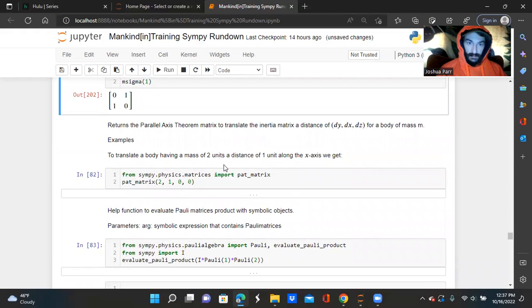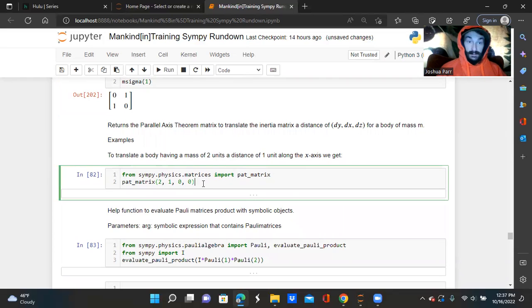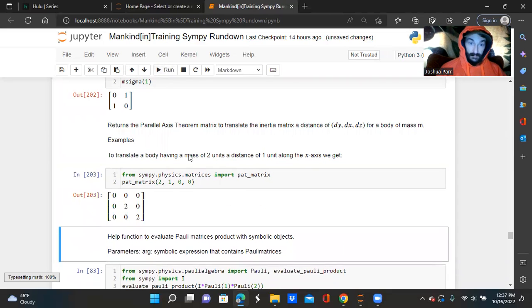So we have another matrix example. Matrix example, parallel axis theorem matrix. Inertia matrix for a body of mass m. Translating the body of mass m by a distance of 1 along the x-axis, we would get this here.